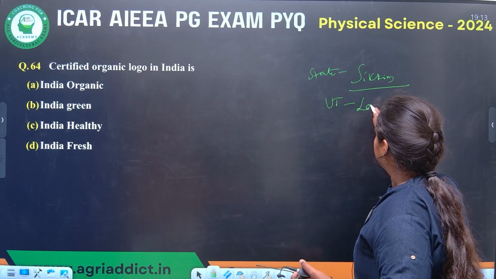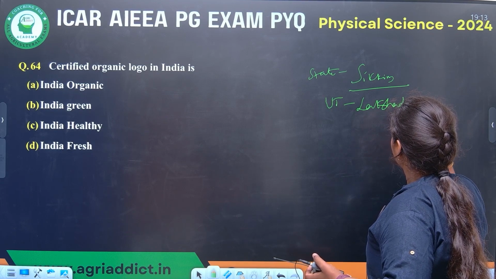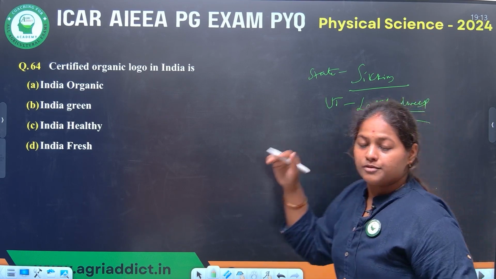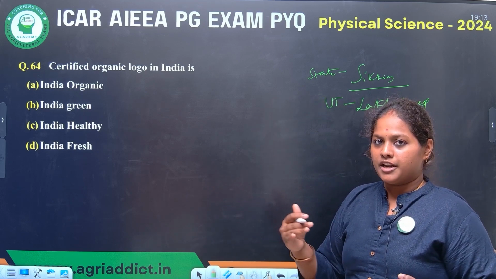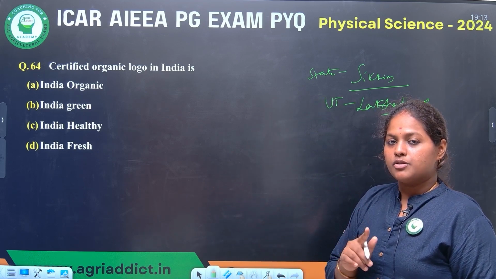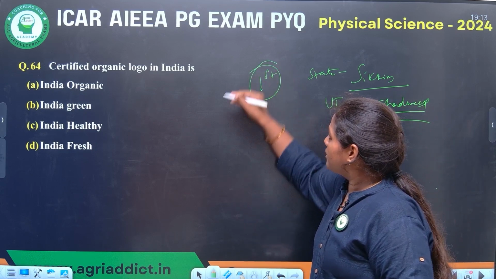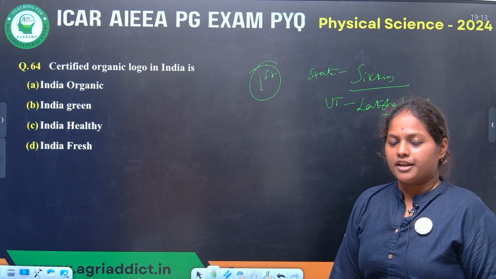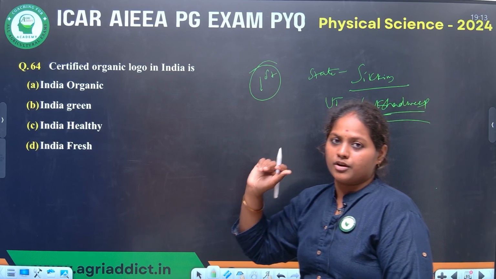Lakshadweep. And do remember that in terms of organic area, we are not in the lead. We are gaining popularity and increasing day by day. In terms of organic producers, India is the first. Not in terms of production or area, but in terms of number of producers, India is first.